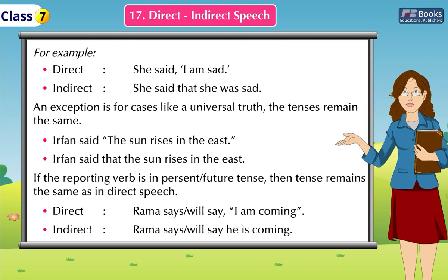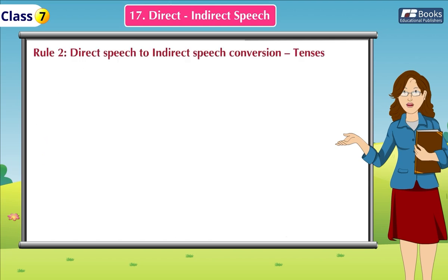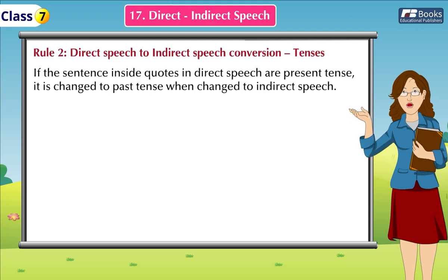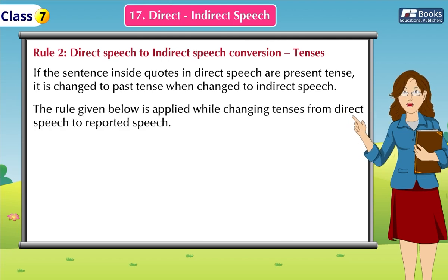Indirect: Rama says or will say that he is coming. Rule 2. Direct speech to indirect speech conversion. Tenses. If the sentence inside quotes in direct speech is present tense, it is changed to past tense when changed to indirect speech. The rule given below is applied while changing tenses from direct speech to reported speech.